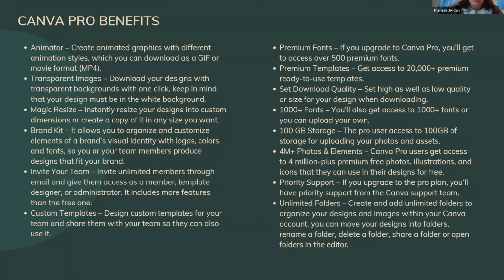There's also over 20,000 premium ready to use templates. This is super nice because they have more elements to them, like animations and stuff like that. There's also access to more fonts.